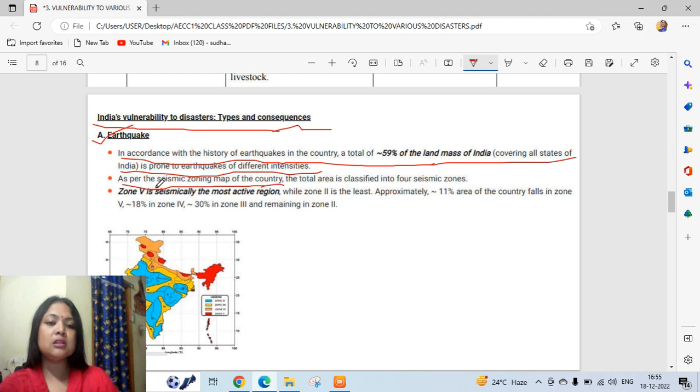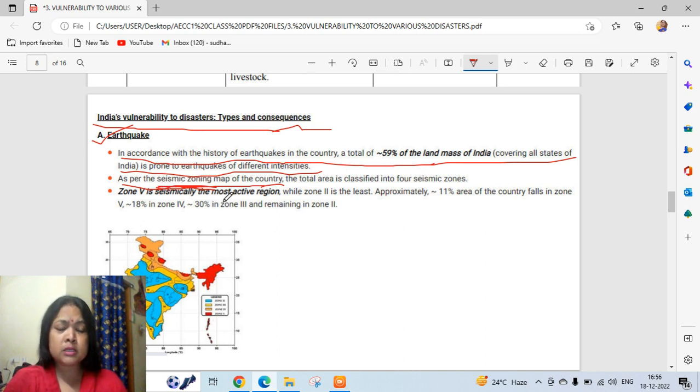Seismic zones means according to the vulnerability to earthquake, the different places of our country are categorized into different earthquake zone areas. Taking that data into consideration, seismic zones are prepared.